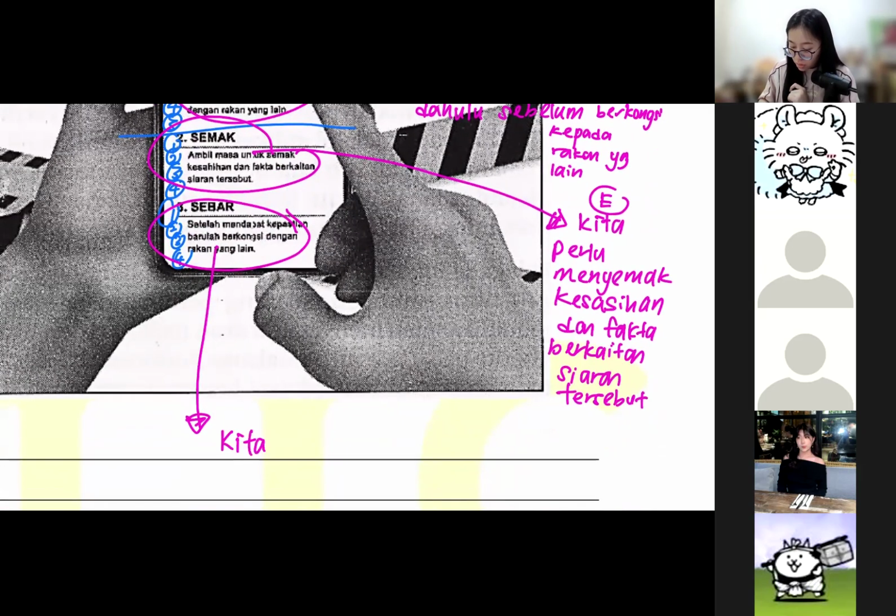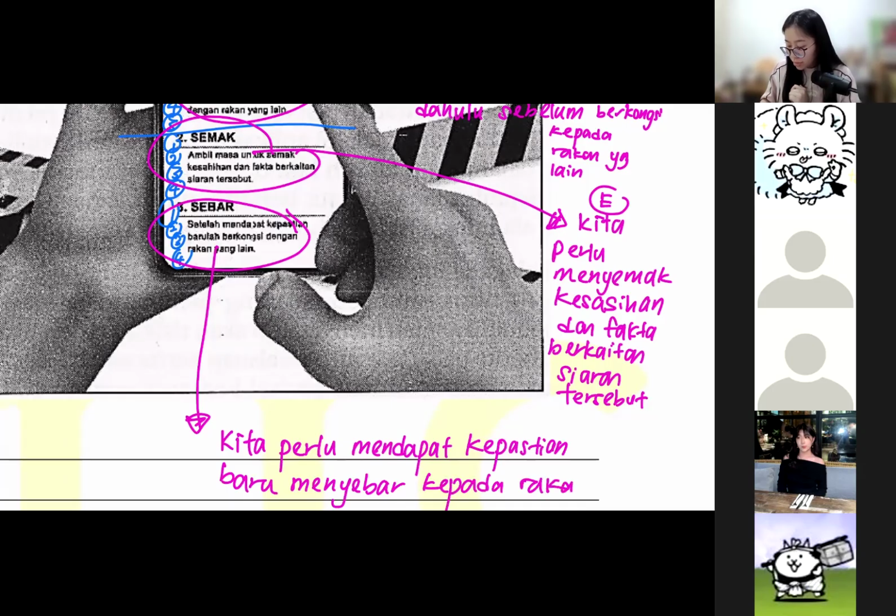And then C bar, kita perlu mendapat, you need to get, ensure, is it correct? Kepastian first. Kepastian baru only menyebar kepada rakan yang lain.